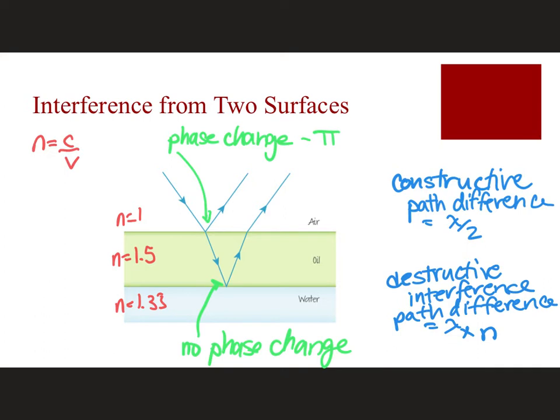For my constructive path difference, again, my first time would have been with it traveling lambda over 2, but I could have added any number of wavelengths to that. So it could have been 3 lambda over 2, 5 lambda over 2, and I still would have got constructive path difference.